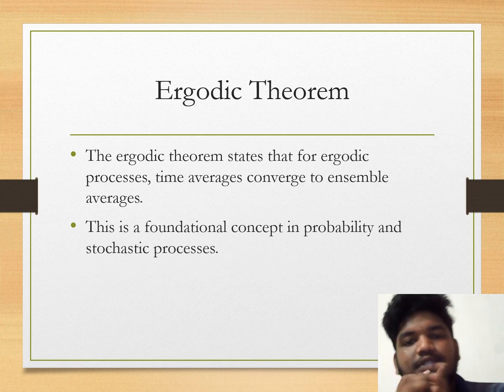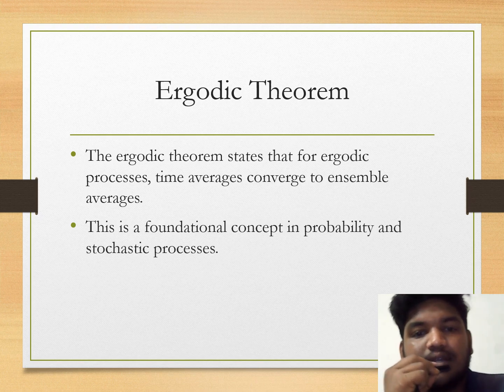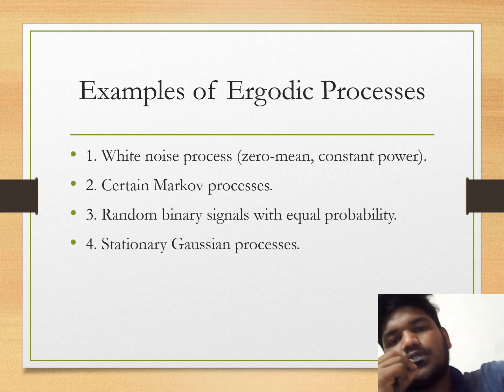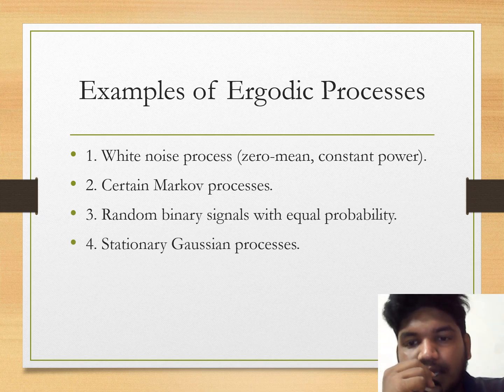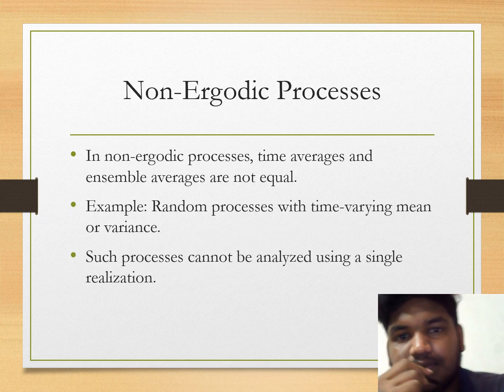Ergodic theorem: the theorem states that for an ergodic process, the time average converges to the ensemble average. It is a fundamental concept in probability and stochastic processes. Examples of ergodic processes: white noise processes with zero mean and constant power, random binary signals with equal probability, and stationary Gaussian processes.